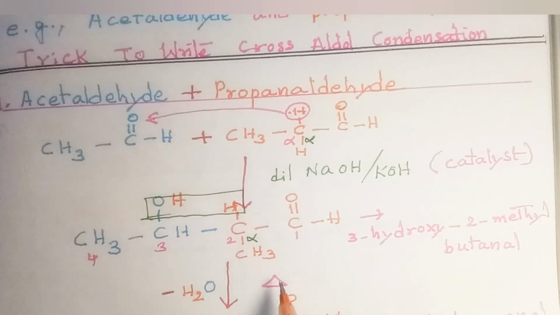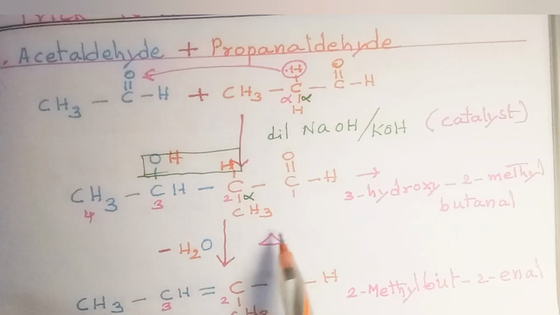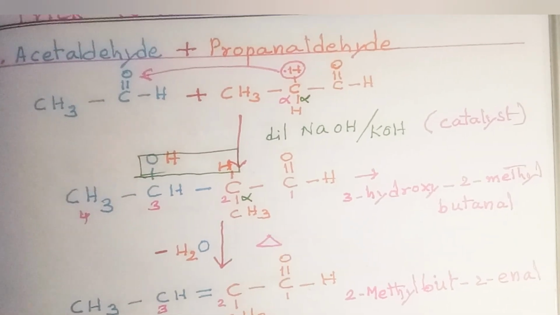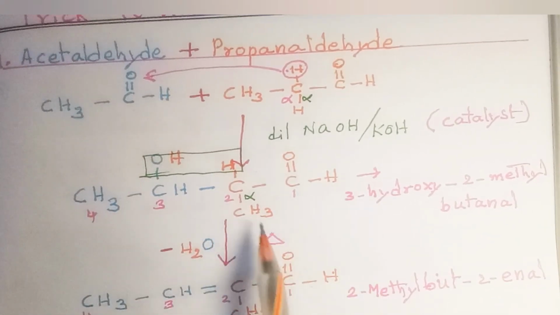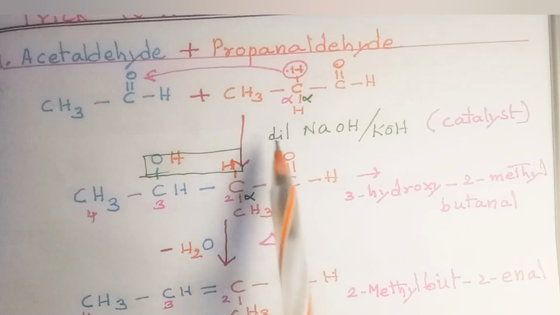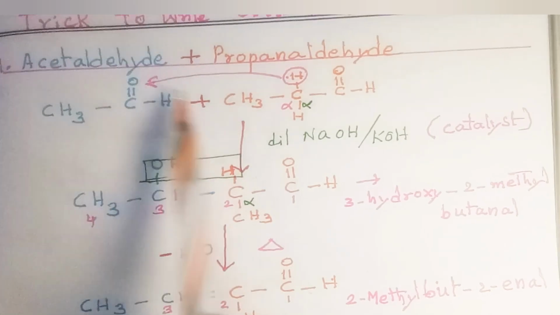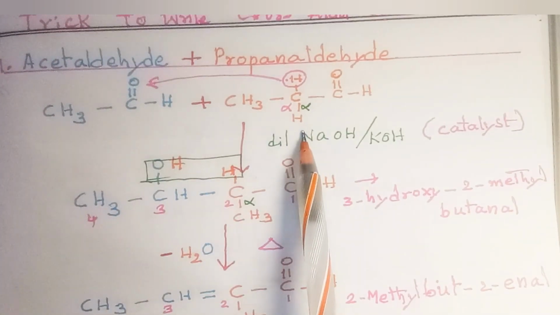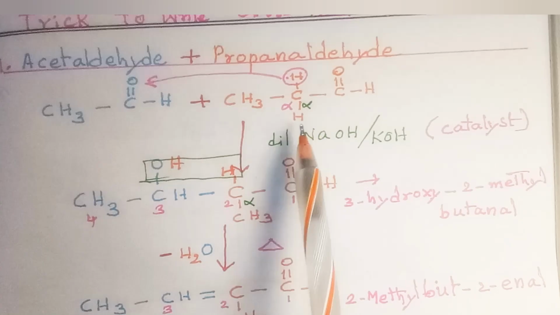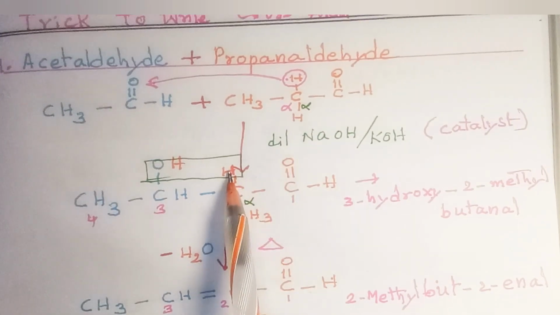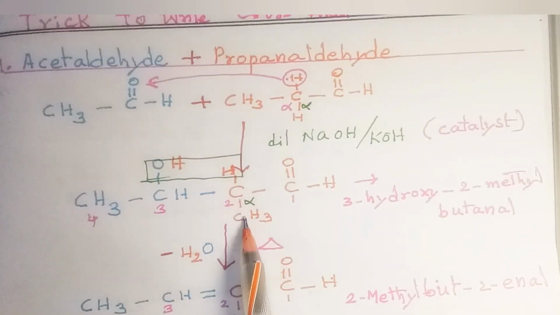Now what happens when this aldol is heated? When it is heated, one alpha hydrogen has gone here and there is a second alpha hydrogen atom. This second alpha hydrogen I have written upwards. This CH3 I have written downwards.